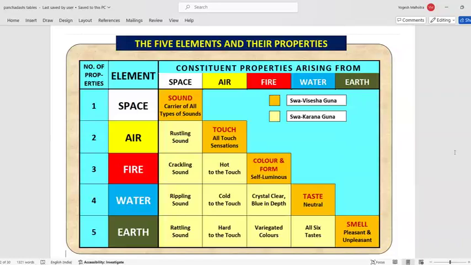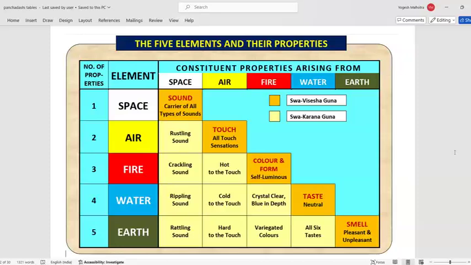So if we leave out Shabda, Sparsh, Roop, Rasa, Gandha are all associated with the remaining four elements. And there are five elements. So by the law of remainders, which we call the Parisheshat Nyaya, if there are five properties and five elements, then the fifth property must be associated with the fifth element only. That is how we understand this.